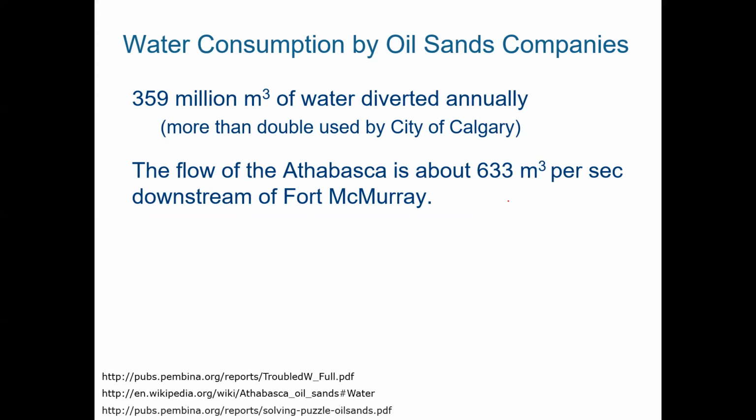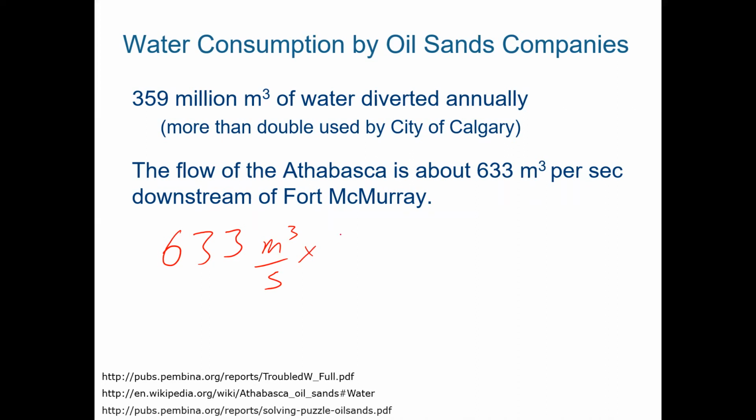Maybe I'll do a calculation here since I have the space for it. Let's take a look at this, 633 cubic meters per second. What I want to do is convert this to years, right?